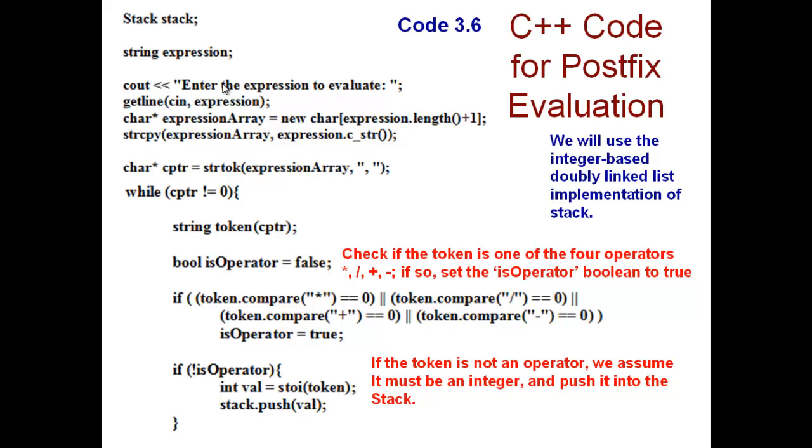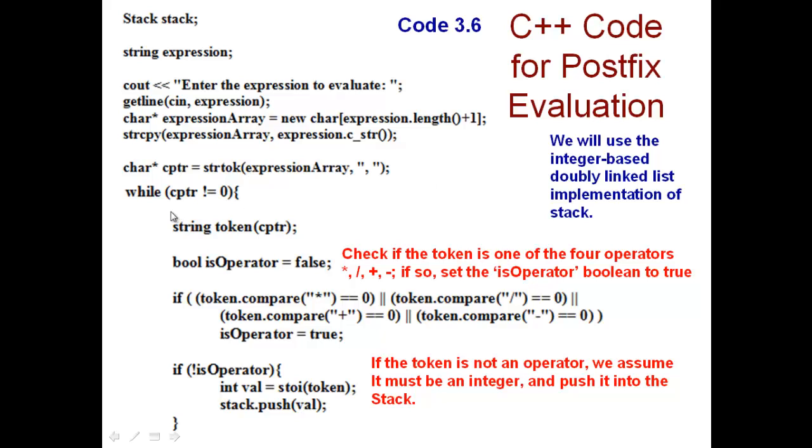Okay, so assume you have input the expression, and the top part of the code is just preparing it for tokenization. So do all the character array conversion and the string copy, and then char star cptr equals strtok, passing the character array and the delimiters, as I said, comma, and you could have blank spaces to make sure you take care of it.